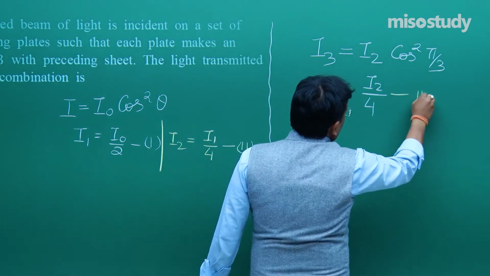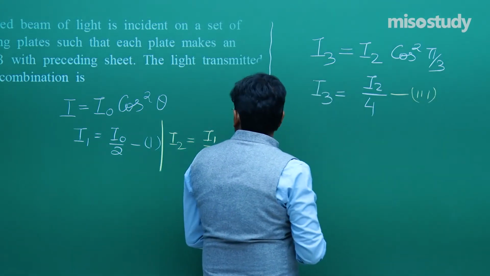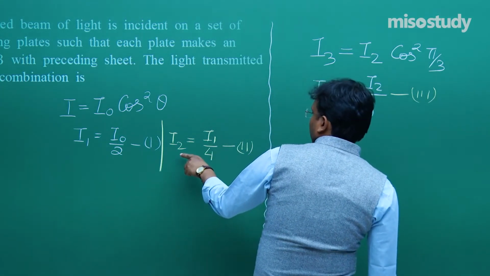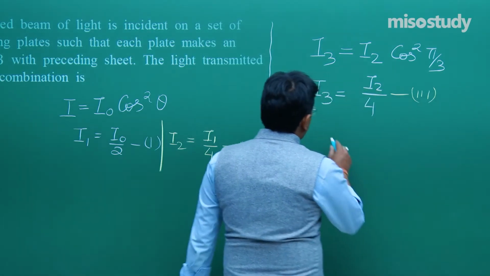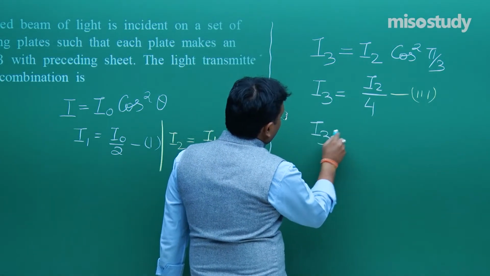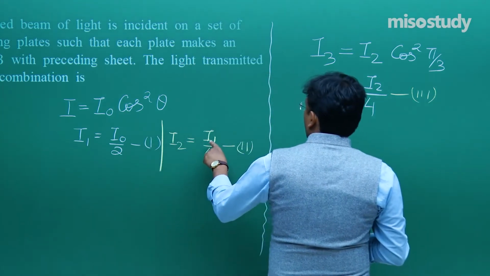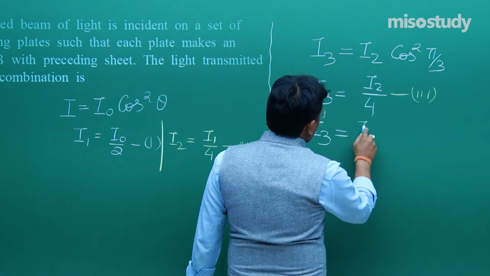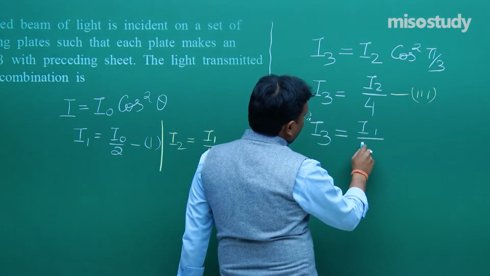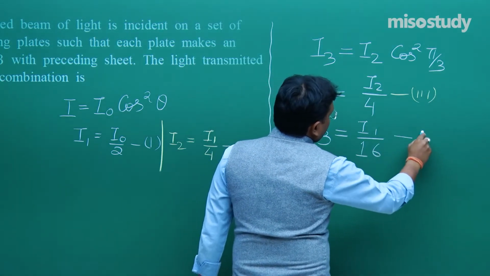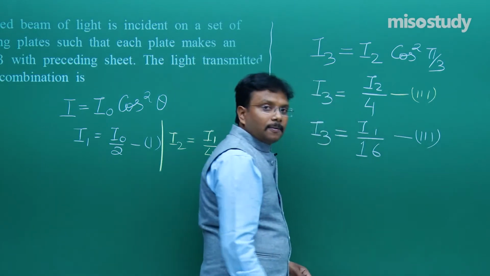Equation number 3. Now here you can do one thing. Use the value of I2 over here. So I3 will be I1 by 16. I hope you all are comfortable. What I did?